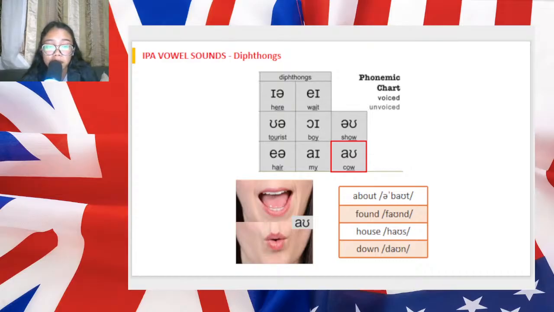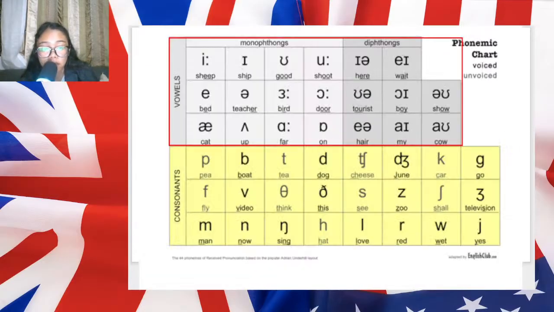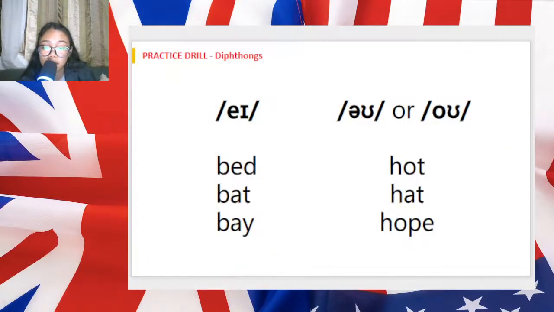We started by revisiting the full phonemic chart, which is what you see on the screen right now, serving as our overall guide. Then we zoomed in on the vowel section, first exploring the monophthongs and then diphthongs. So here's a quick recap of what we've covered today.